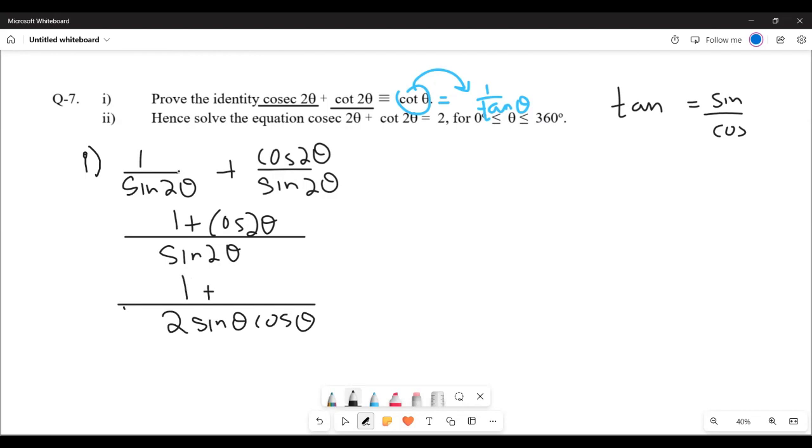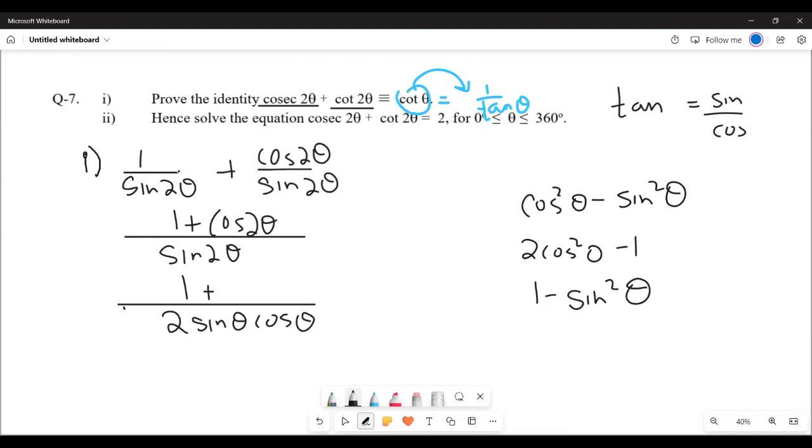And cos 2 theta can be replaced with either cos square theta minus sine square theta, or 2 cos square theta minus 1, or 1 minus sine square theta. So what should we replace it with?